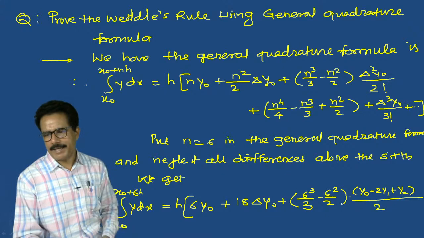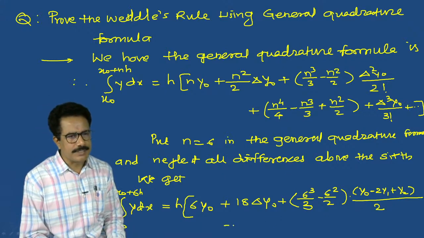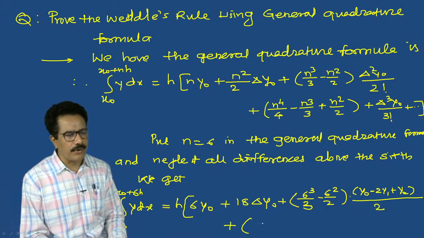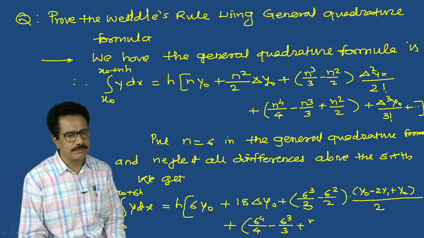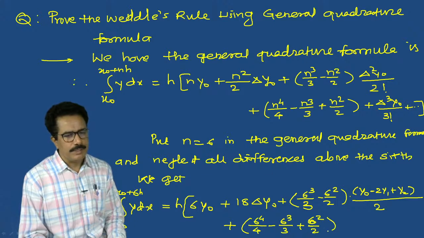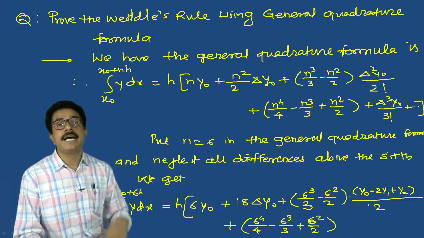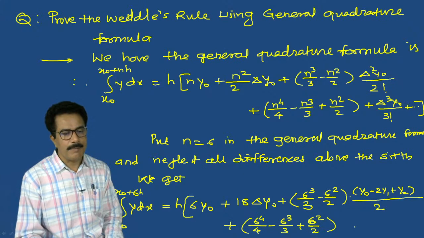Okay, 216, very good. Plus n raised to 4, 6 raised to 4 by 4 minus 6 raised to 3 by 3 plus n square means 6 raised to 2 by 2 into delta 3y0 upon 6.